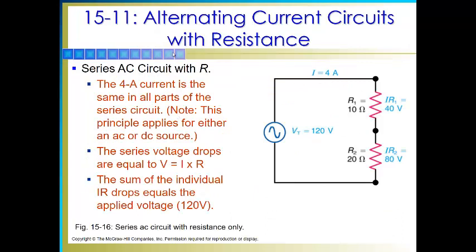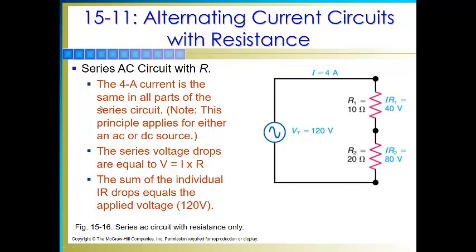When we're working with alternating voltages or currents in a circuit that has only resistance, the alternating current has the same effect as the DC voltage.